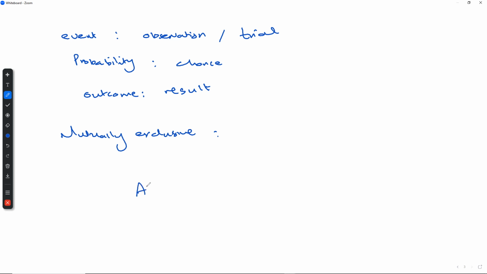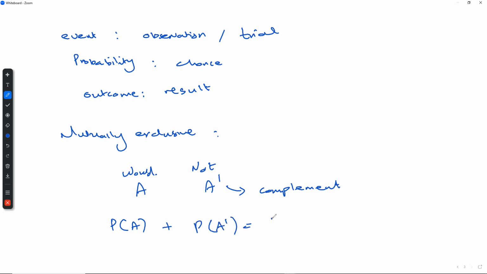So event A would take place, but then you'd have the complement that it would not take place. Right, complement spelled like that. And what we also notice is that the probability of an event happening plus the probability of it not happening always equals 1. All right, so we're going through all kinds of ideas around this.